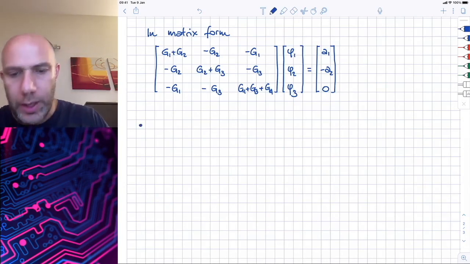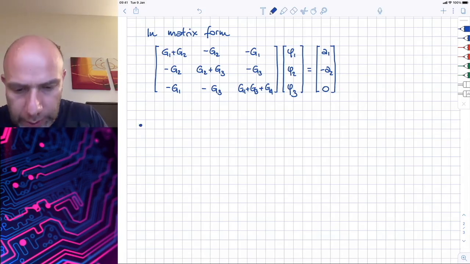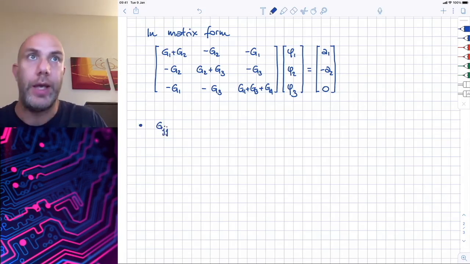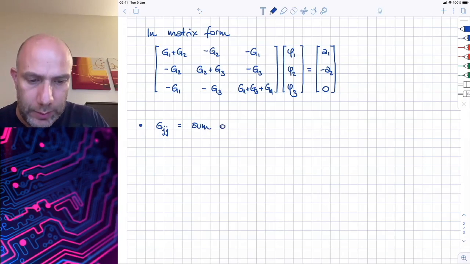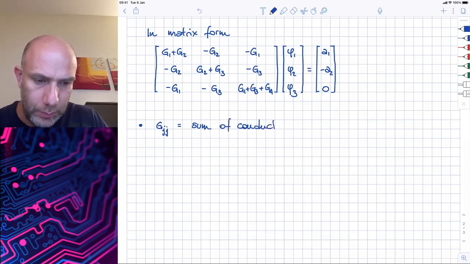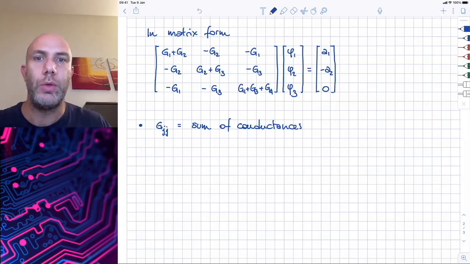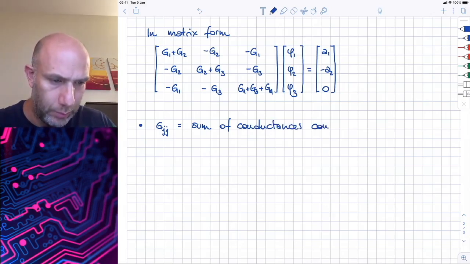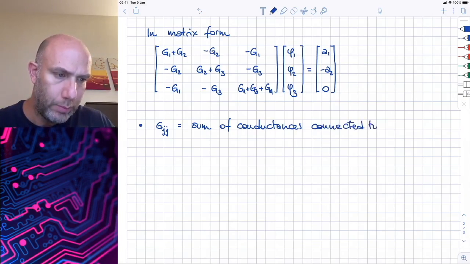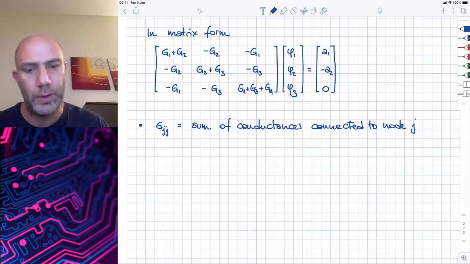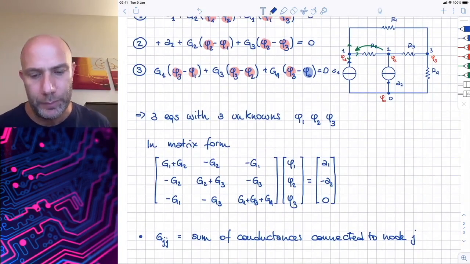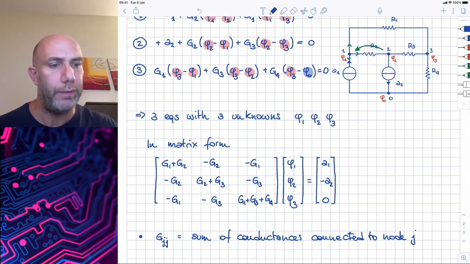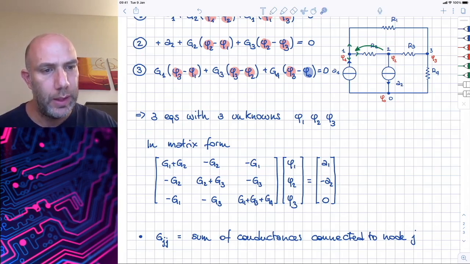The first thing that we can note is that the diagonal terms, let's say in general G, J, J, contain the sum of the conductances connected to the node J. So if we go back to our example, we can see that at node 1 we have G1 and G2 that are connected directly to node 1.